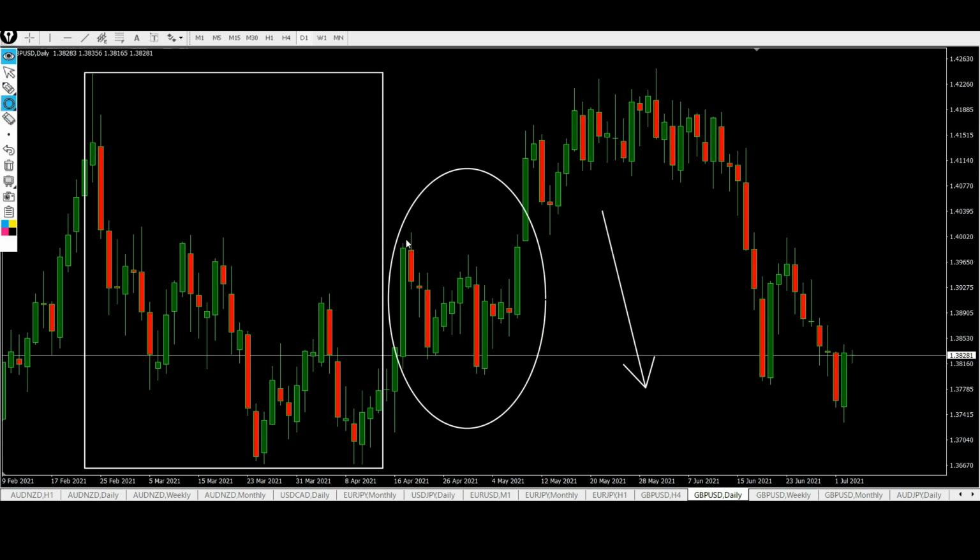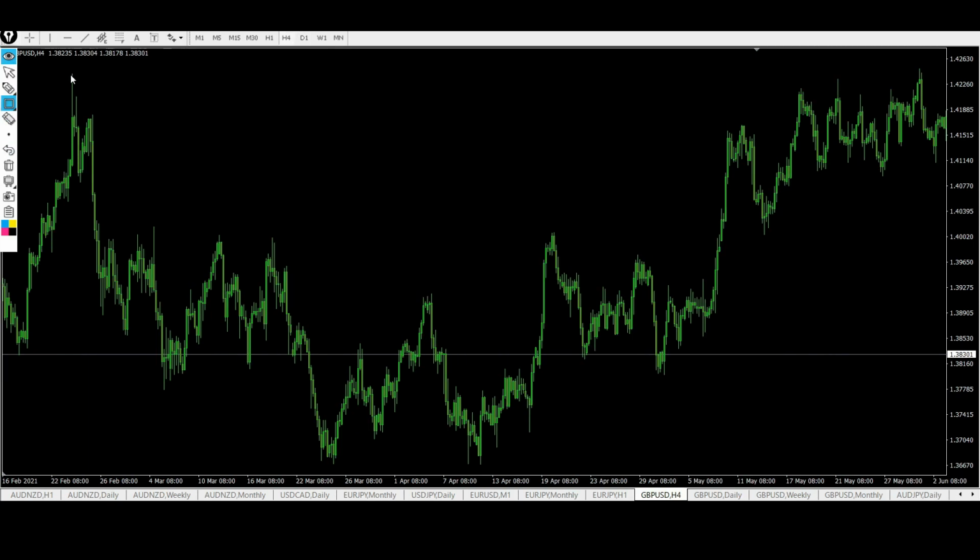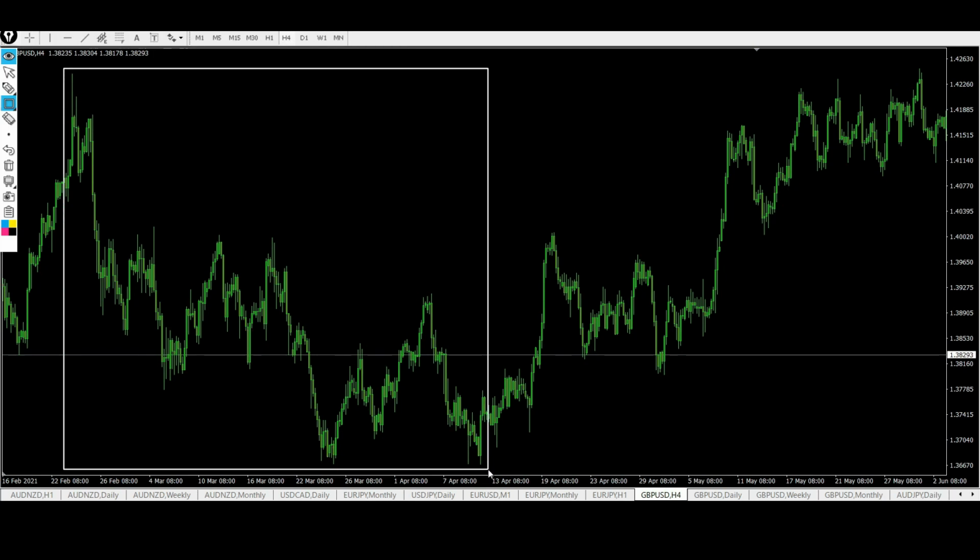And so we measured this daily pivot right here against this pivot and found that there's more long strength than short strength. Thus that means on the daily chart's bias, price is likely to reach this pivot high before reaching this pivot low. Now let's go even lower onto the 4-hour chart. On this 4-hour chart, that weekly bias was measured from this pivot right here to this pivot right here.